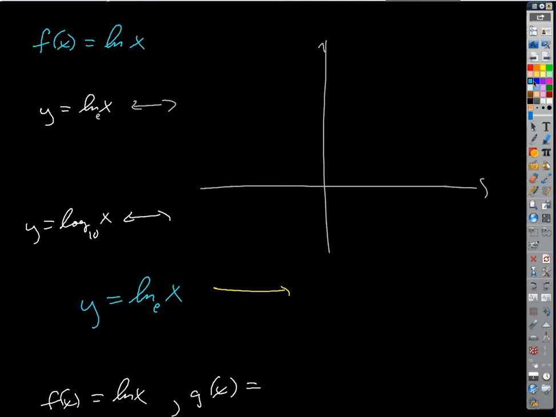The negative x-axis, right? So it's coming from negative infinity. It picks up speed and grows towards infinity. Where does it cross the y-axis? At 1, right? Because e to the 0 is 1.